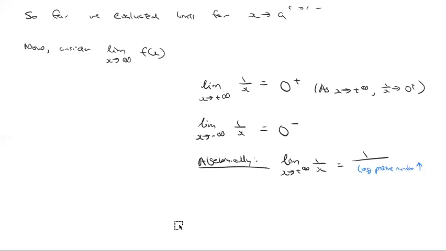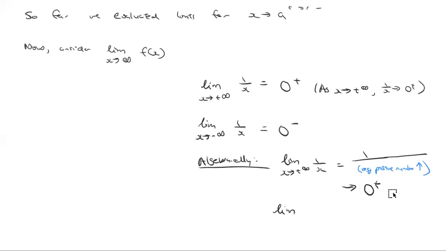As you make this bigger and bigger, 1 divided by a very big positive number will therefore go towards 0. As your denominator gets bigger, your number gets smaller. So even without the graph, hopefully you can see that it will be 0. And because it's a positive number divided by a positive number, it will still be positive, but very small.